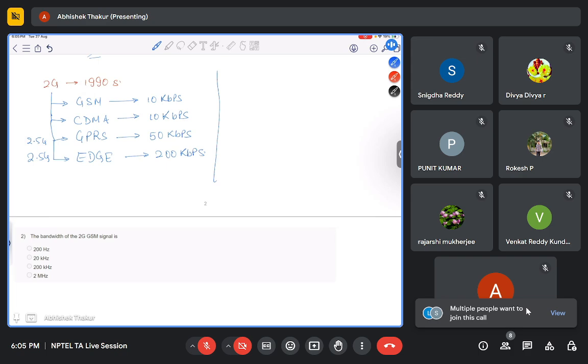Now coming to 3G. 3G evolved around 2000, in that decade. The technology used was WCDMA, UMTS, then CDMA 2000, HSDPA and HSUPA.